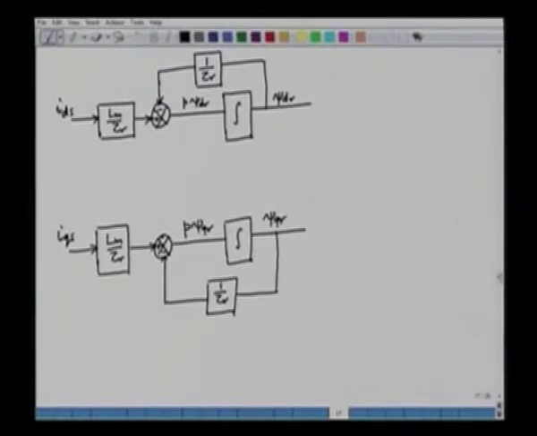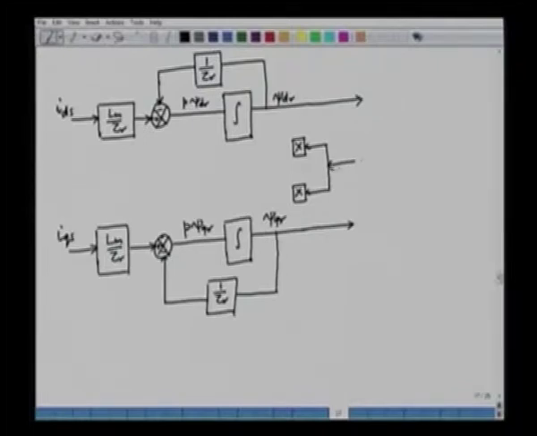And then we have another term, that is omega r, and the omega r term can be obtained in the following fashion. So we have two multipliers. These are the outputs of the estimator, and the two multipliers are supplied from the speed.